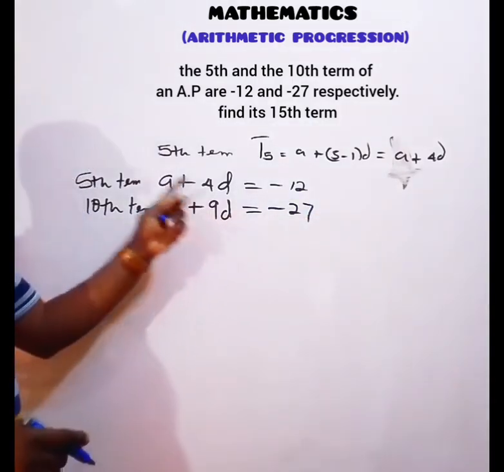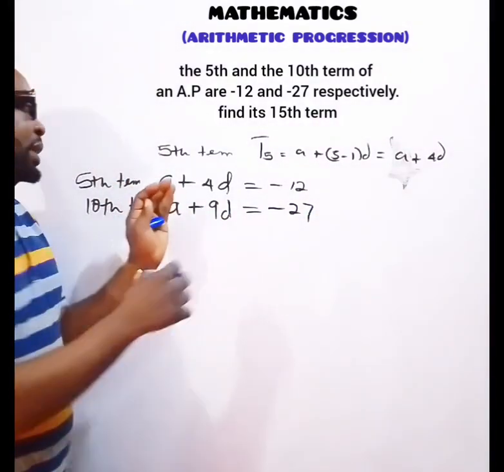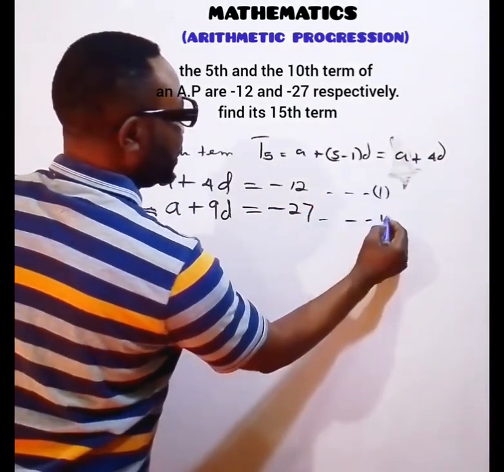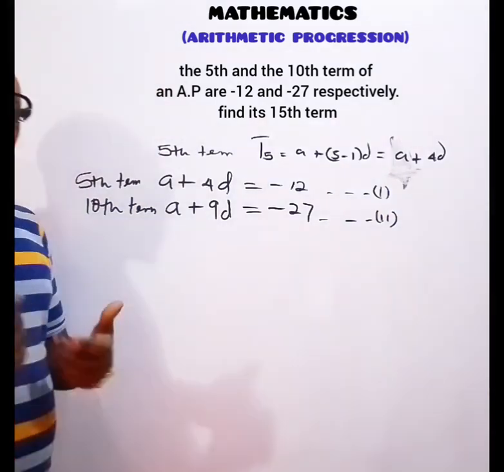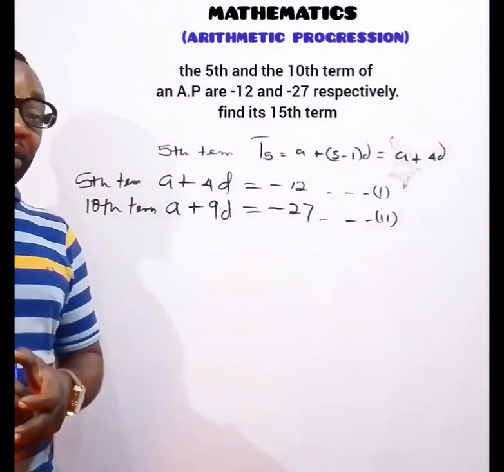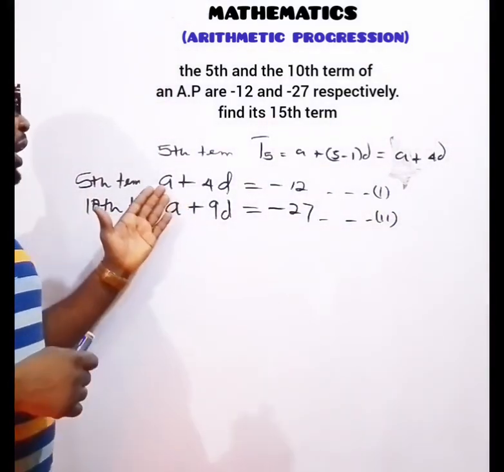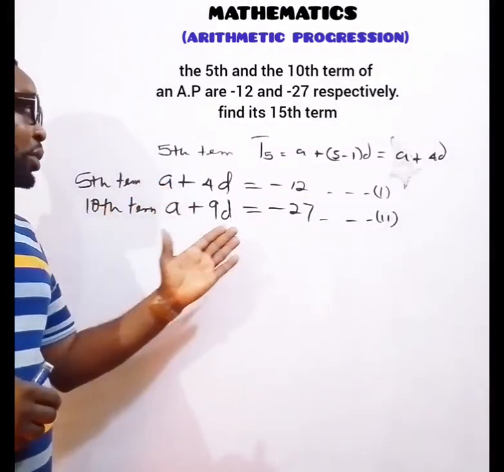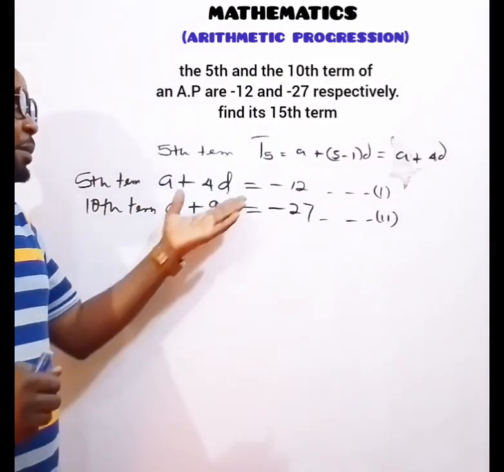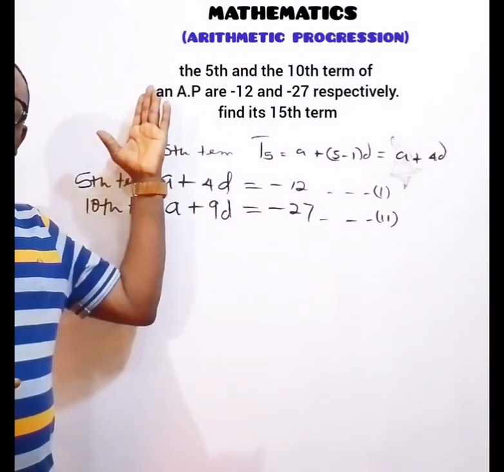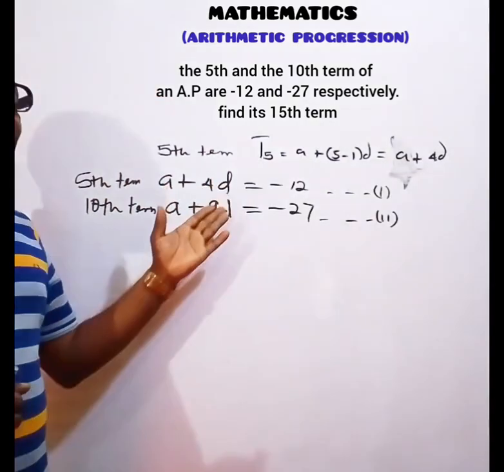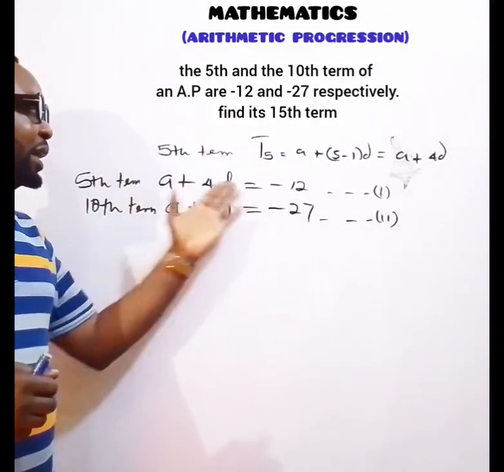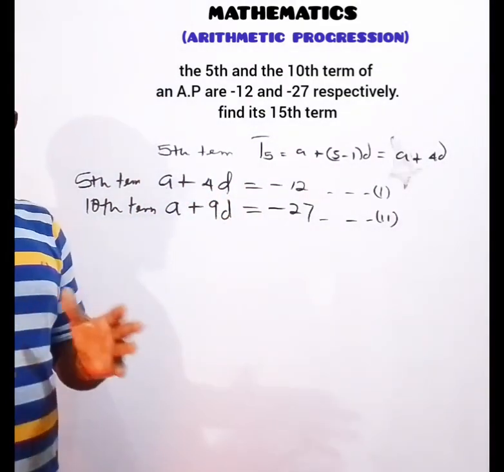Now, having got these expressions, I can say that this is my equation 1. I call this equation 2. I am doing this purposely because I do not have the value of either the first term or the common difference, and from the expression given to me, I've been able to deduce 2 equations there, and this is quite a linear equation.